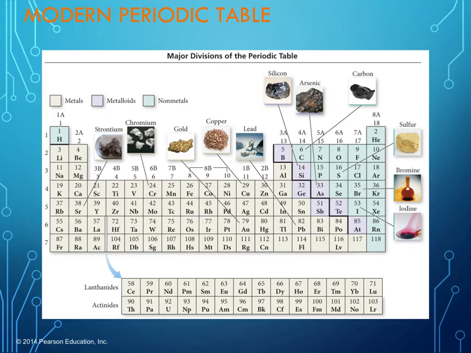So the major divisions of the periodic table that I want you to be familiar with: first, I want you to be aware of and be able to reproduce the stair step on the periodic table. We call it the stair step because it divides the metals from the nonmetals from the metalloids.